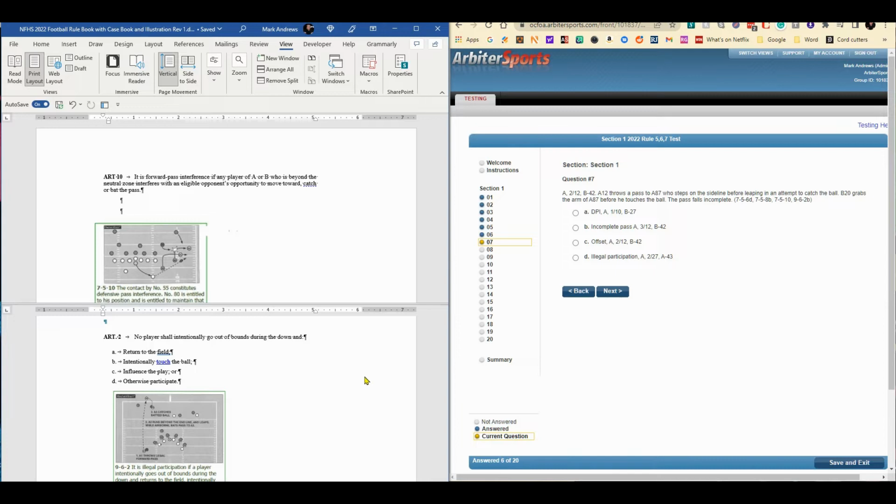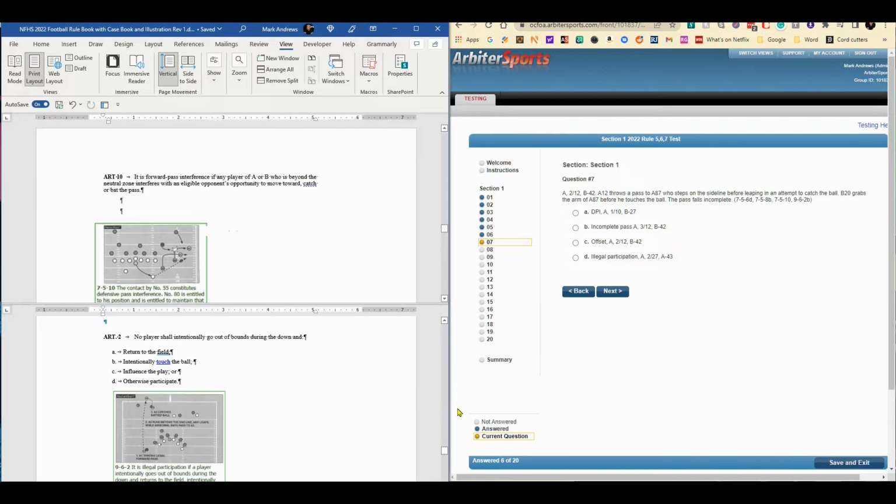But a B player doing the same thing, stepping on the sideline and going for a pass, is not guilty of illegal participation. He's only guilty of illegal participation if he intentionally did this. And I know there's a lot of vagueness there, but that is the rule.